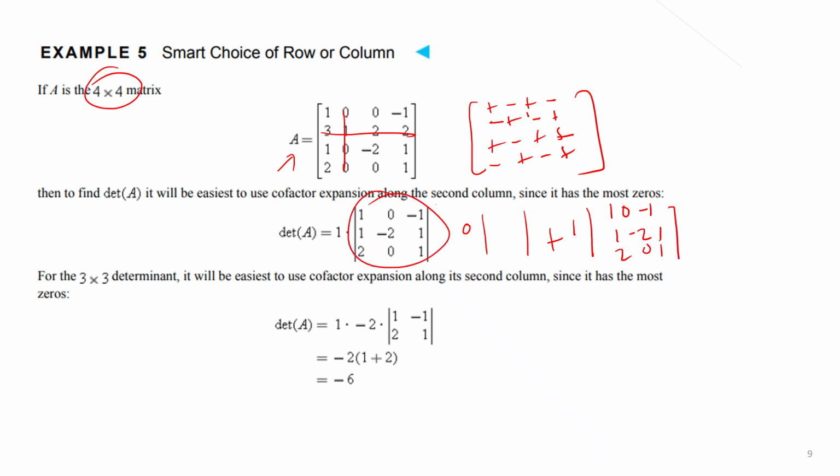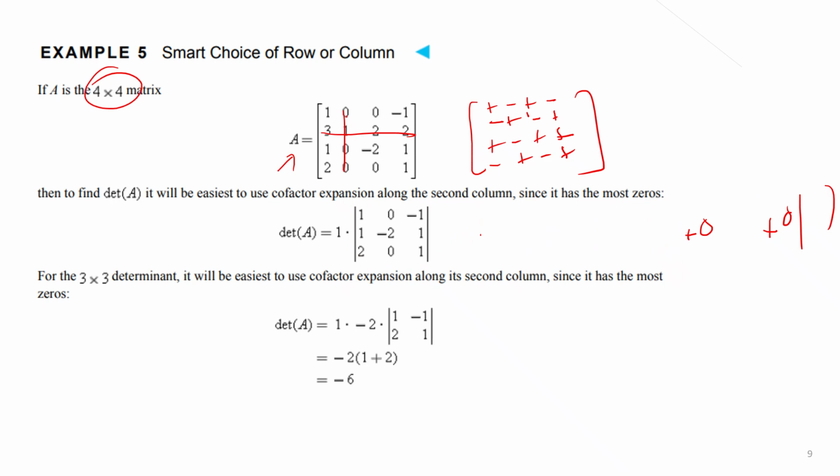And then the rest of it is again 0 multiplied by some matrix, plus this one minus, this one plus, this one minus. But since only this one has a nonzero value, you will have this calculation of expanding the second column.